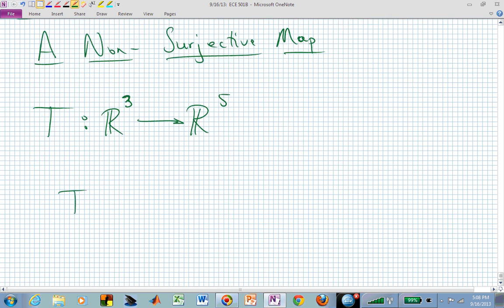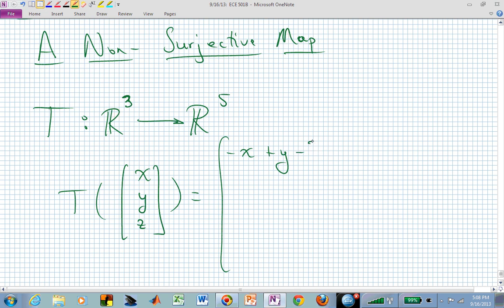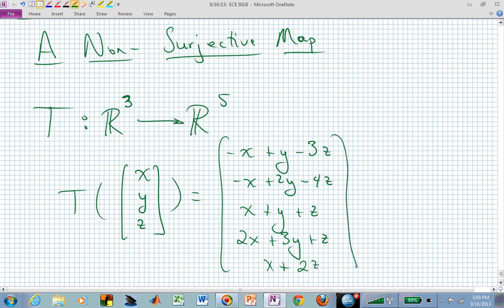And suppose now that we take this 3 vector, x, y, z, and we map it into a 5 vector: minus x plus y minus 3z, minus x plus 2y minus 4z, x plus y plus z, 2x plus 3y plus z, x plus 2z.